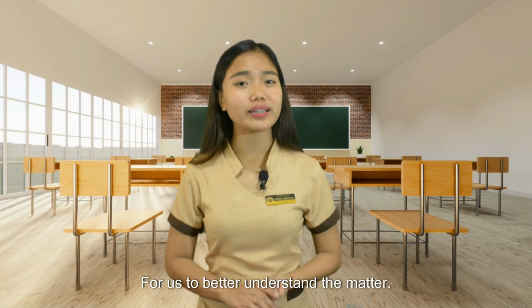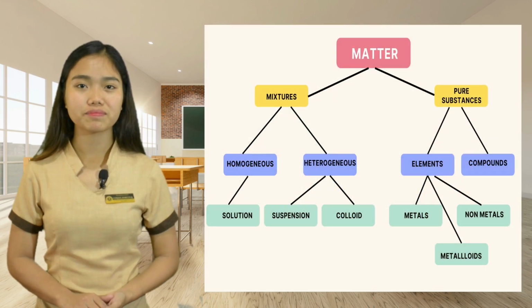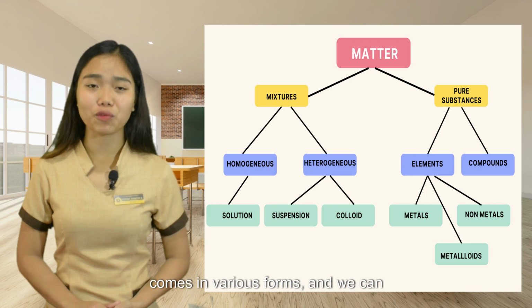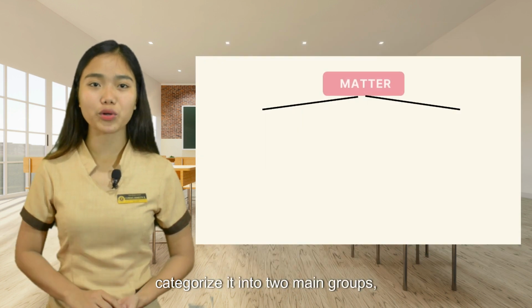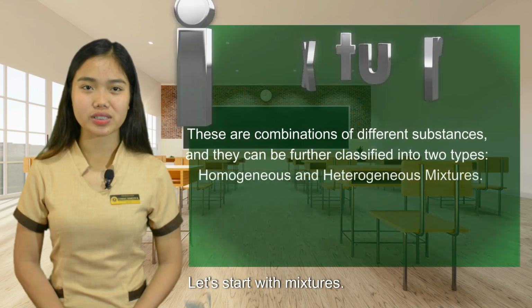For us to better understand the matter, let us use this diagram for matter. Matter, as we know it, comes in various forms, and we can categorize it into two main groups: mixtures and pure substances. Let's start with mixtures.